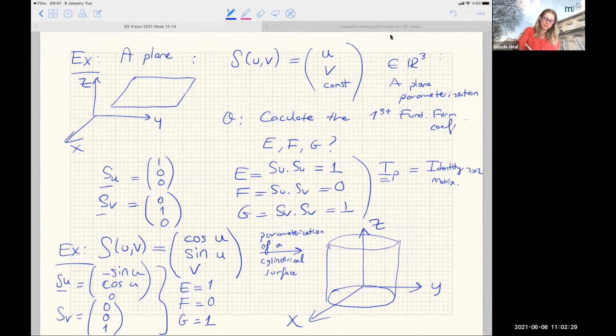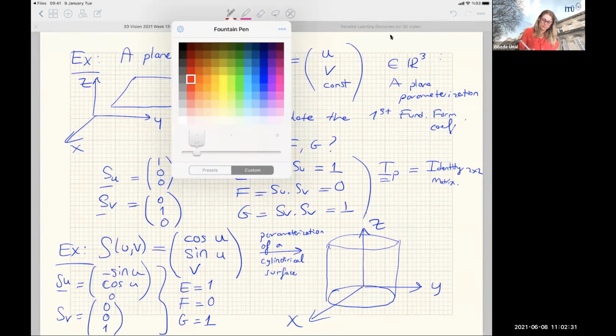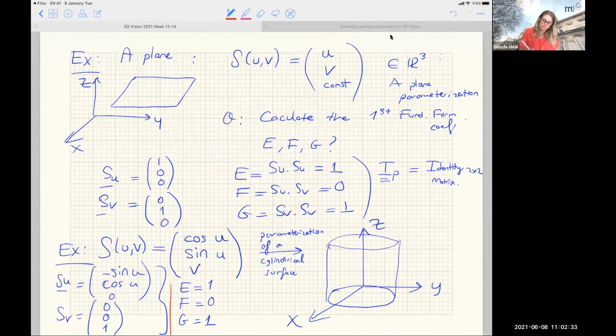Guys, check out these two, compare these two fundamental forms. I think this is very interesting. What are E, F, and G? These were also E, F, and G. Look at these here. Compare. They are the same, right?